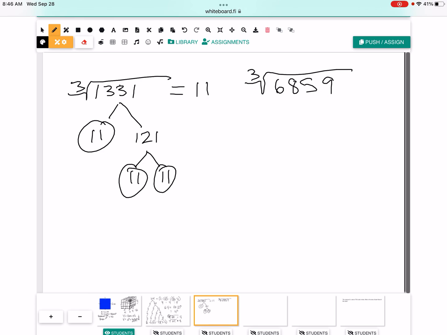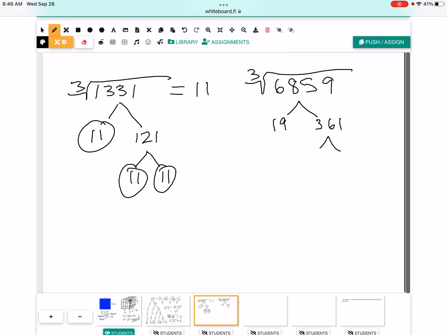It doesn't work for 17. Actually, the next number that's prime that I can divide it by is 19. Okay, so you would have to do quite a bit of work to get up there to see that none of those prime numbers work until 19, right? And 19 times 361 gives you 6,859.